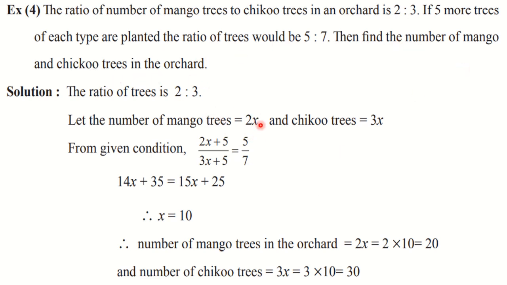So we have to find the value of 2x and 3x. Therefore, the number of mango trees in the orchard is 2x, that is 2 into 10, equal to 20, and the number of chiku trees is 3x, that is 3 into 10, equal to 30. So this way we are going to solve the problems.